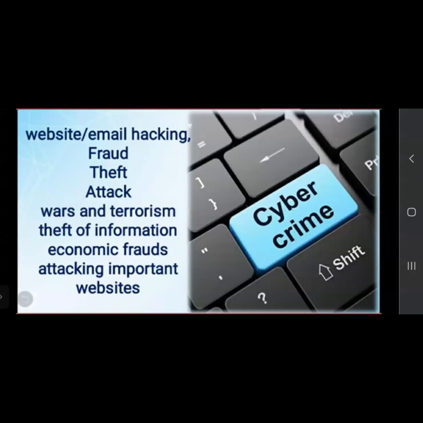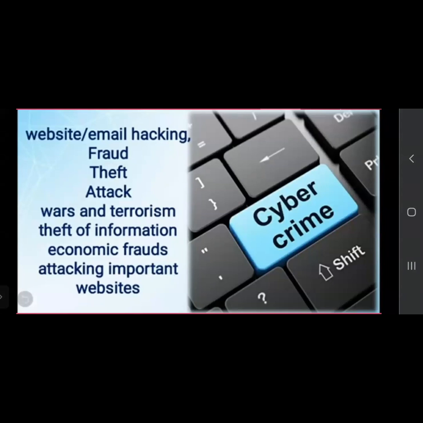So now website and email hacking, fraud, theft, attack, war, terrorism, theft of information, economic frauds, attacking important websites. All this is called cyber crime.